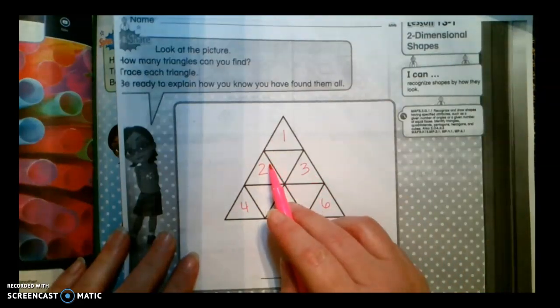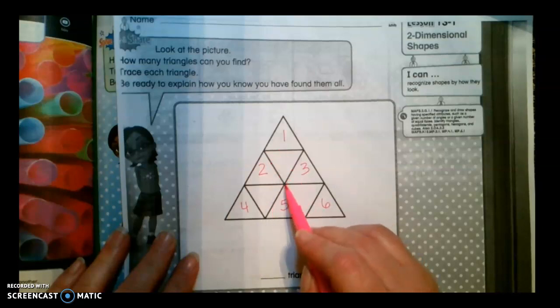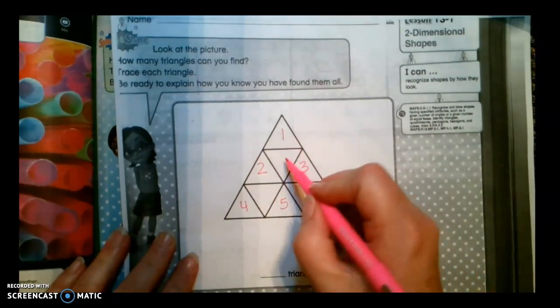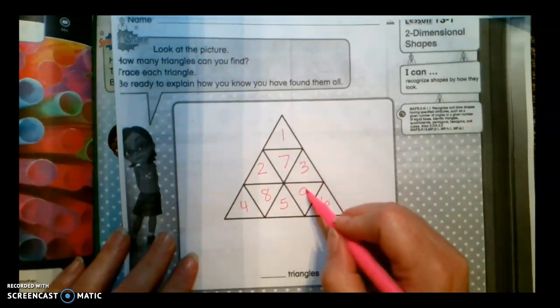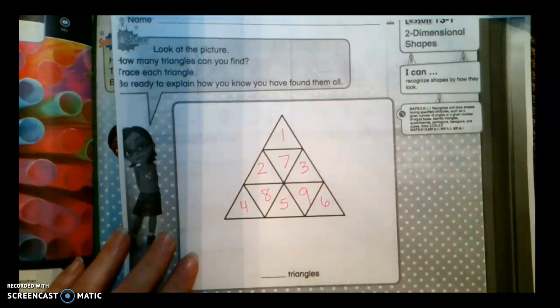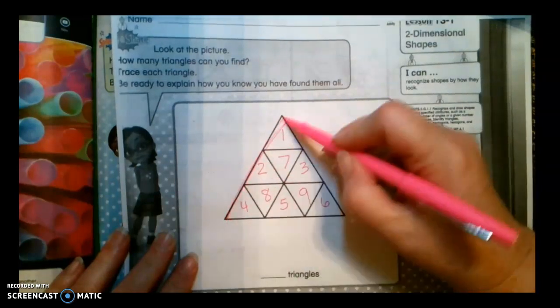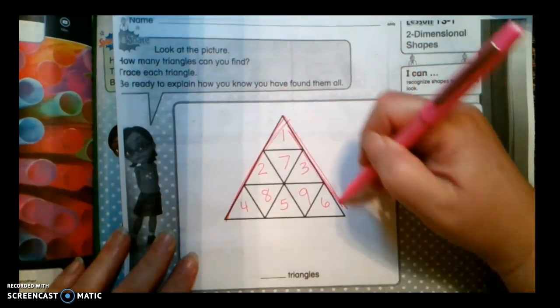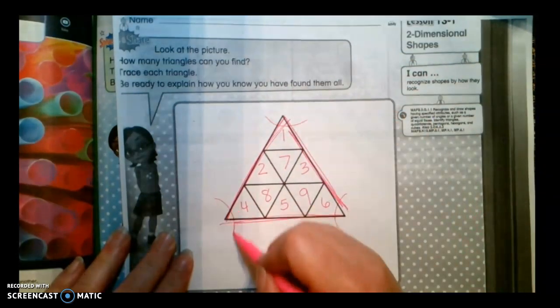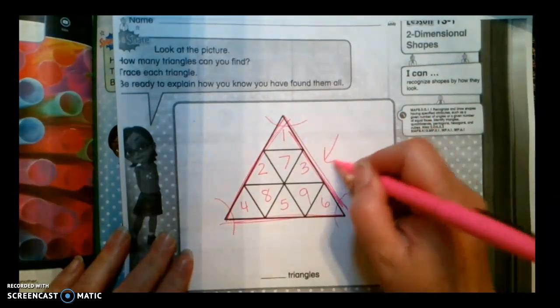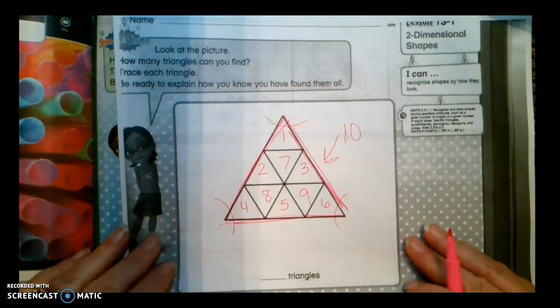Oh, wait, what's that? Oh, 1, 2, 3 sides, 1, 2, 3 vertices. Oh, wait, that's a triangle too. 7, 8, 9. Wait a minute. 1 side, 2 sides, 3 sides, 1, 2, 3 vertices. Oh, there's 10 triangles here.